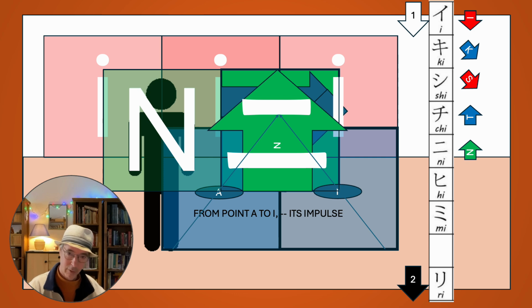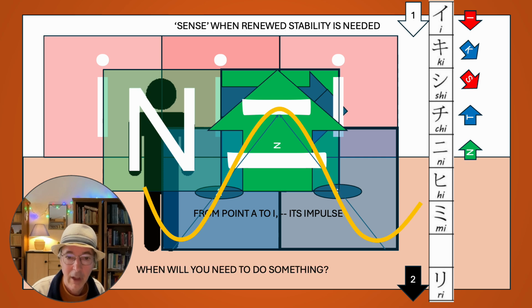So from 1 to 2, this is also the letter 2. I will apply it when it is needed. How do I feel or sense when it is needed? It's when these two balances and off-balances are a bit imbalanced, and now you know when to take the step. That is when you feel the need is there, the ni letter combination.